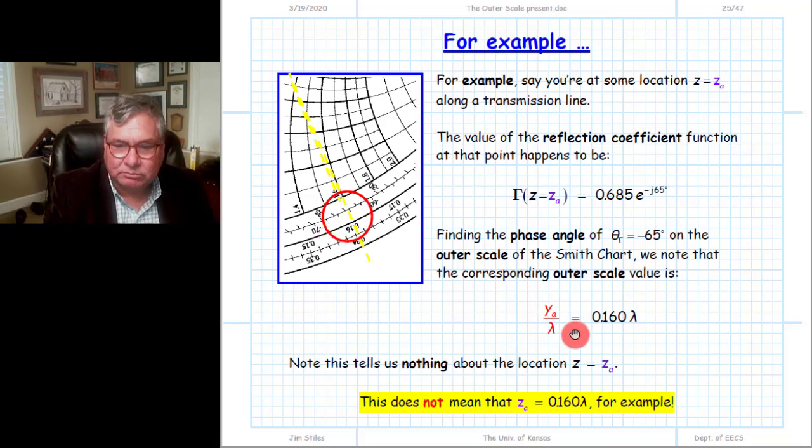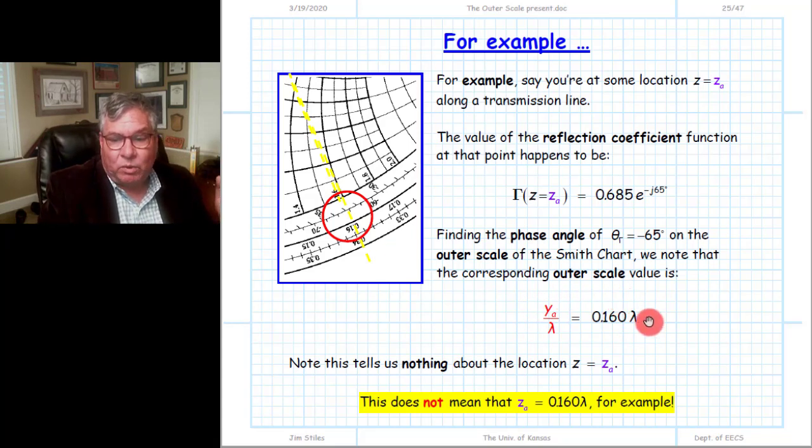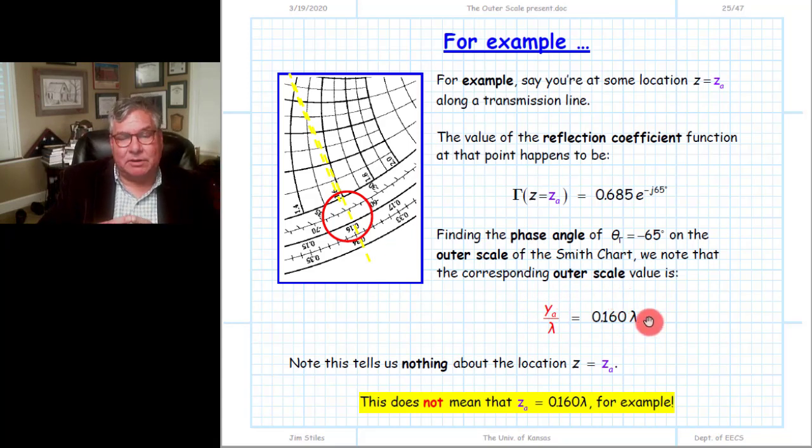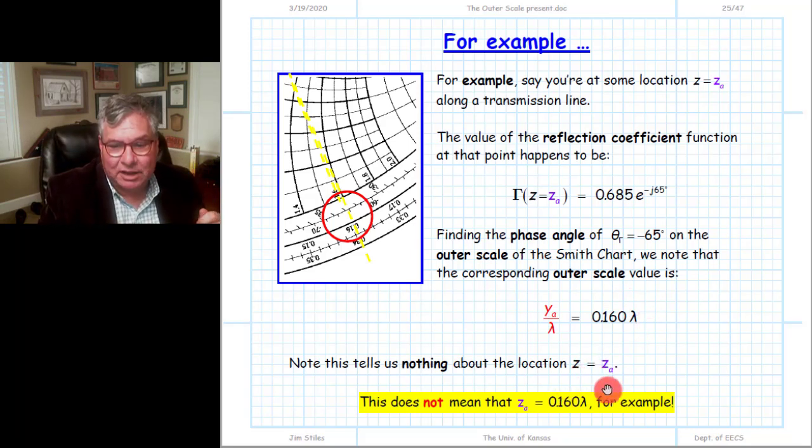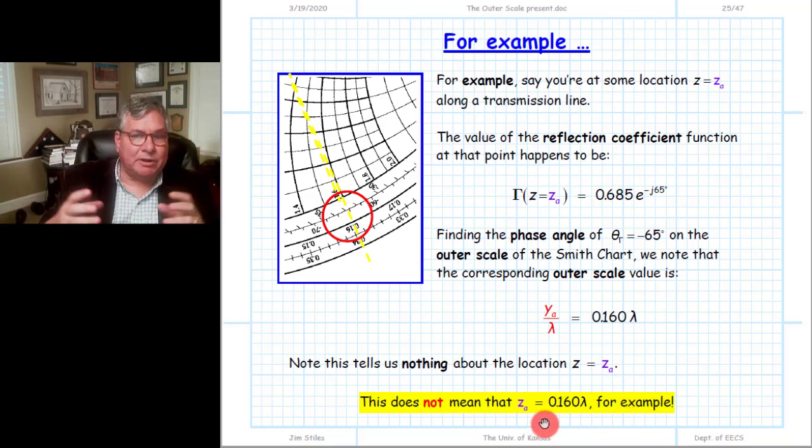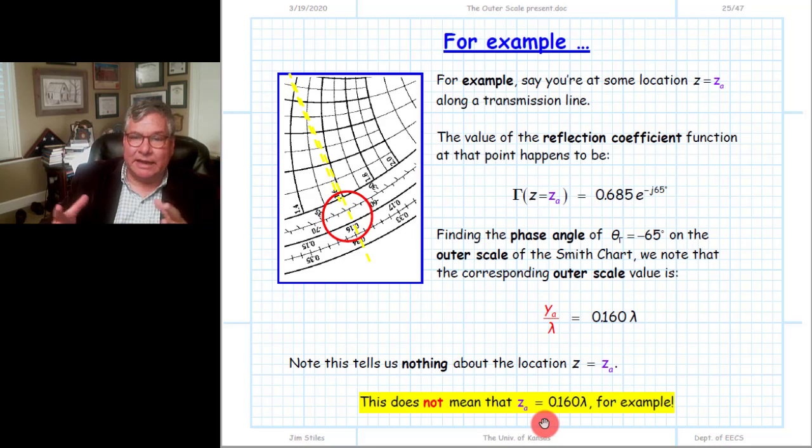Actually, if it's z over lambda, that lambda should not be there. So 0.16 in terms of the index. Can we conclude from that that the location on our transmission line, ZA, is 0.16 lambda? Well, the answer is no.